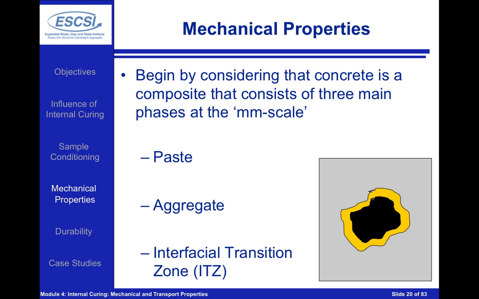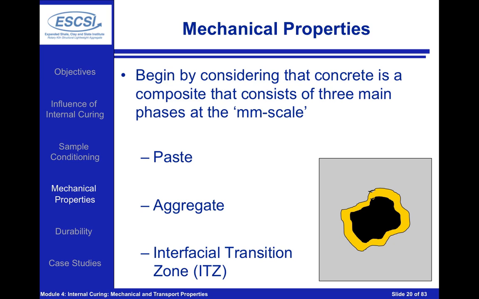And this is the region where the paste comes in contact with the aggregate, and we frequently hear this described as being a porous region inside of concrete, presumably because of particle packing issues that happen around the aggregate where the cement can't pack as tight as it would in a normal paste.